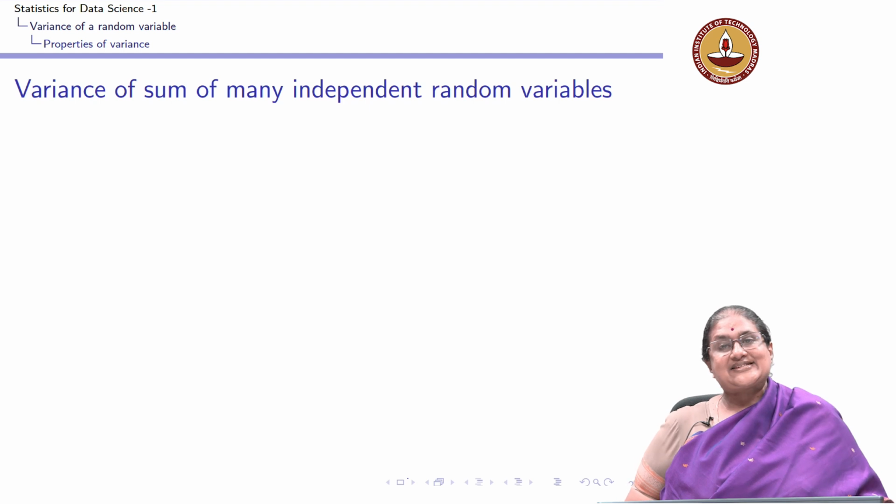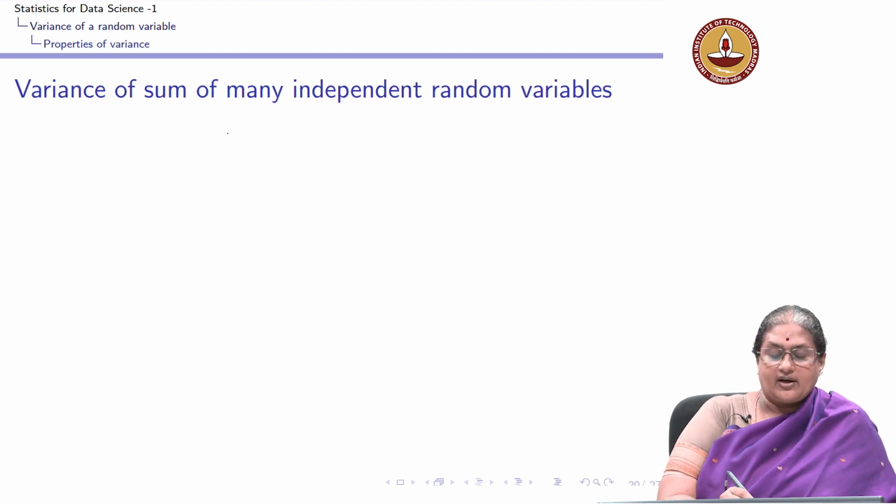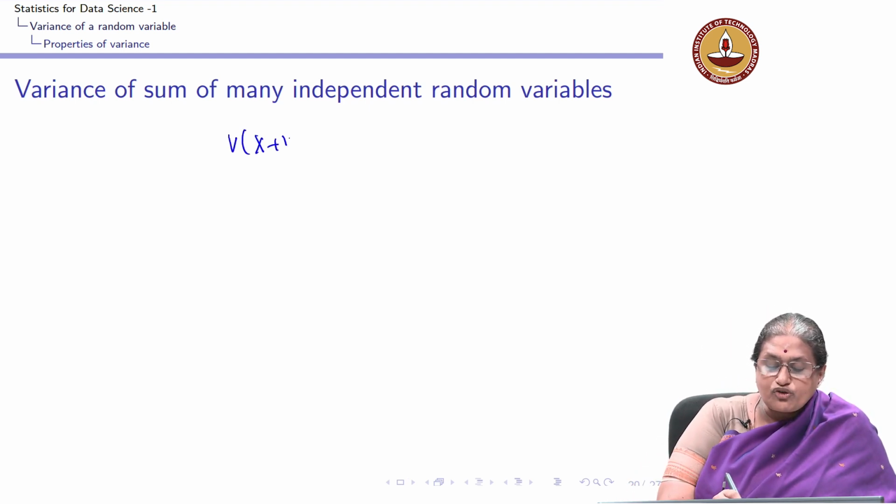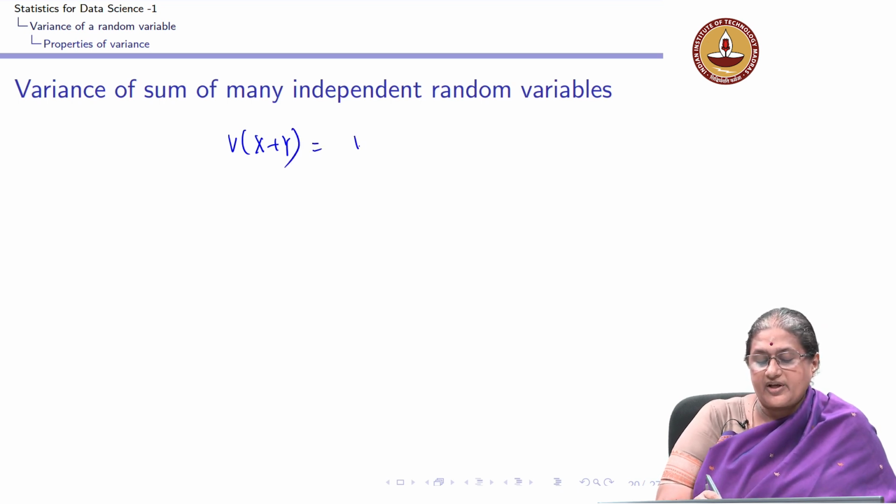Now, I can extend this property that the variance of the sum of two independent random variables is the sum of the variances to many independent variables.